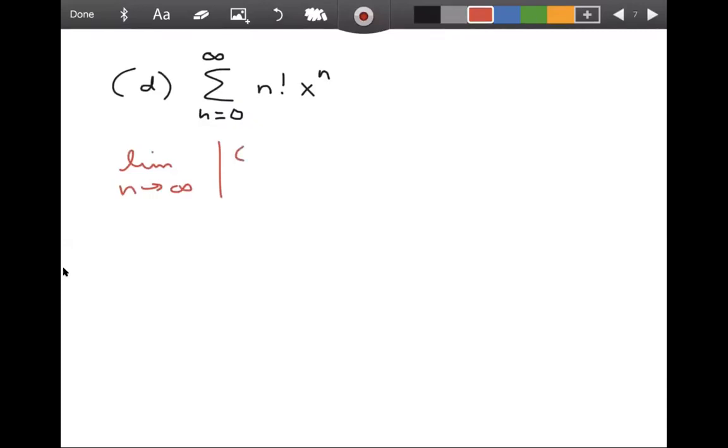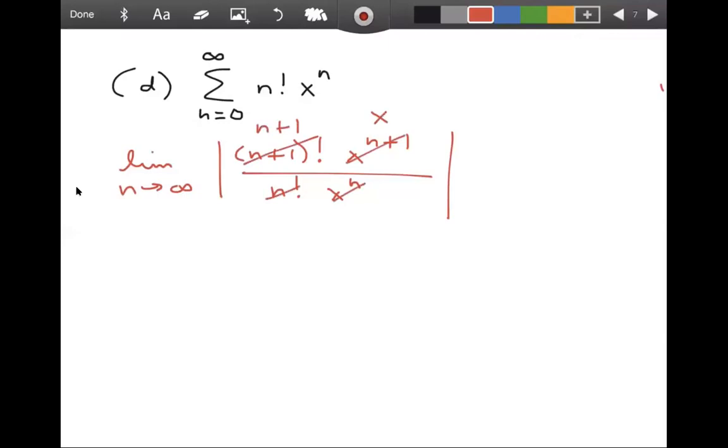It's going to be n plus 1 factorial times x to the n plus 1 over n factorial times x to the n. All right, so n plus 1 factorial divided by n factorial is n plus 1. X to the n plus 1 divided by x to the n is just x.